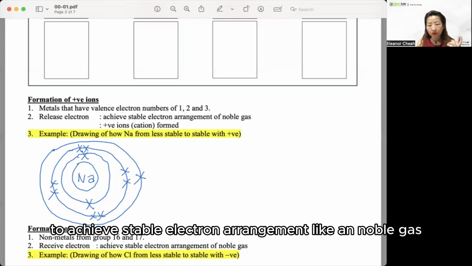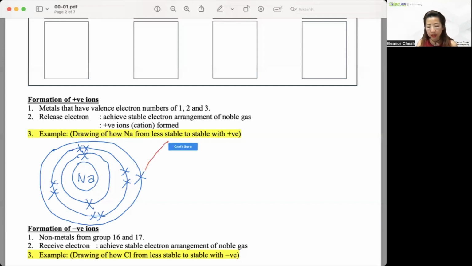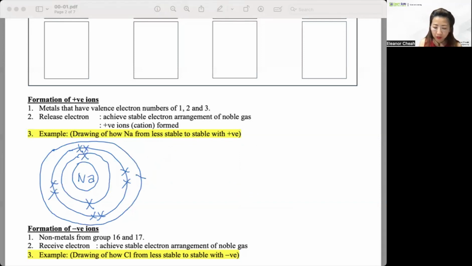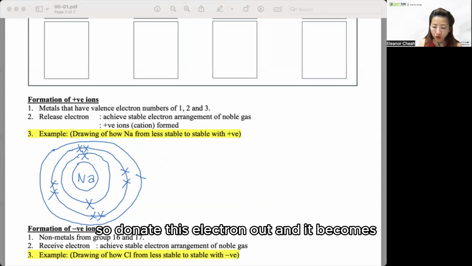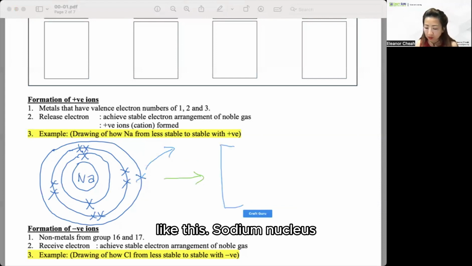To achieve a stable electron arrangement like a noble gas, sodium will donate this electron and turn into a positive charge. So this is the electron arrangement of it: donate this electron out and it becomes like this.